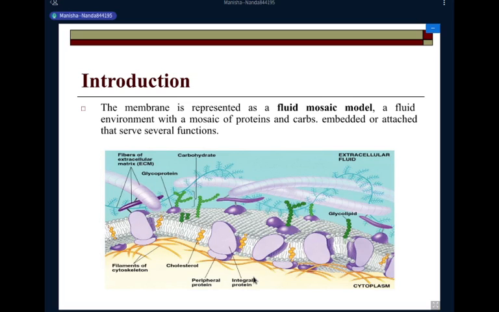Okay, Shraddha says due to its flexibility and permeability. So, Shraddha, do you want to say that the fluid part represents the flexible property of the membrane and the mosaic part represents the permeability? Is it so? Okay. Let me take a look at the responses of other students also, and then I'll tell you. Okay, Aman also says it is fluidity and flexibility.